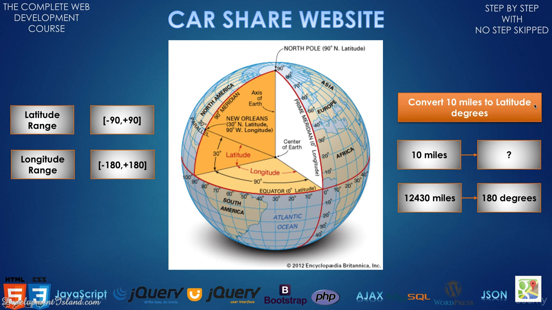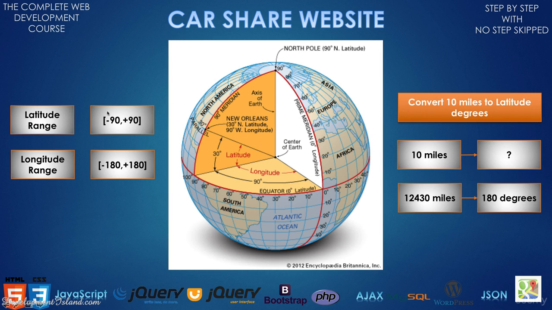Let's start with the latitude. We're converting 10 miles to latitude degrees. If you travel from the North Pole to the South Pole through a meridian, the distance that you would travel is 12,430 miles.